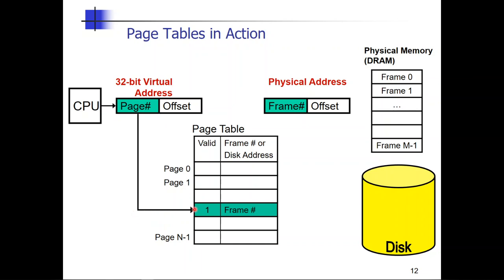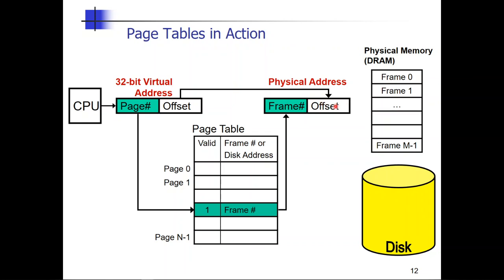Now in this case, we got lucky. We have the valid bit set to 1, which means that the page table readily gives us the frame number, which will fill the frame bits in the physical address. The page offset does not need any translation, so that's copied over to the physical address readily.